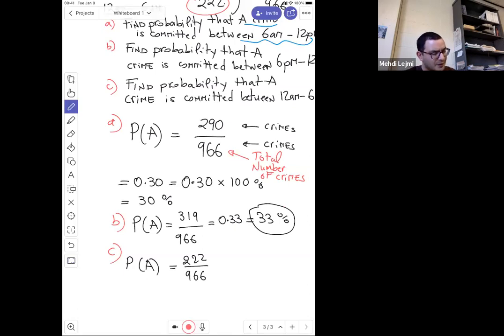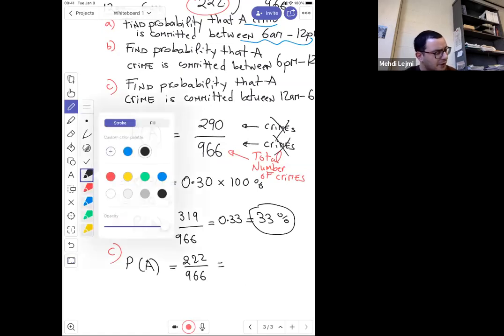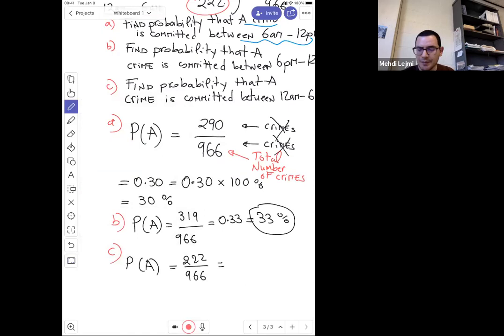So if in the top the unit is the number of crimes, and the unit in the denominator is the number of crimes, then crimes over crimes, they cancel out. So your probability is independent of units. It's independent of the crimes, right? So yeah, 222 crimes over 966 crimes.